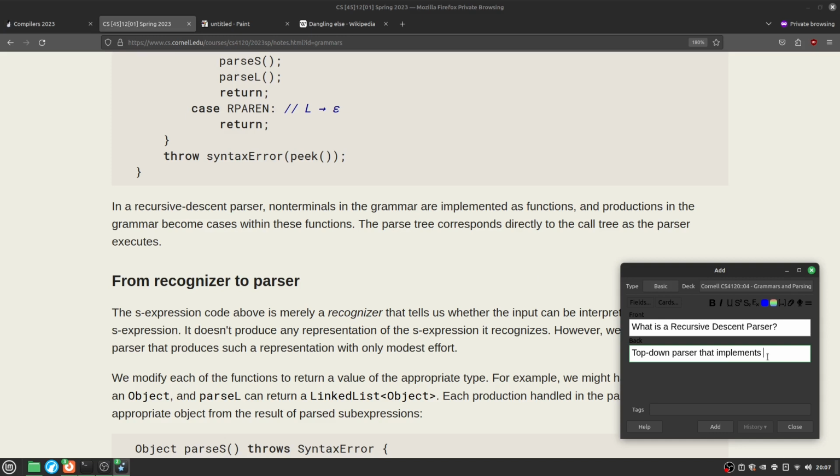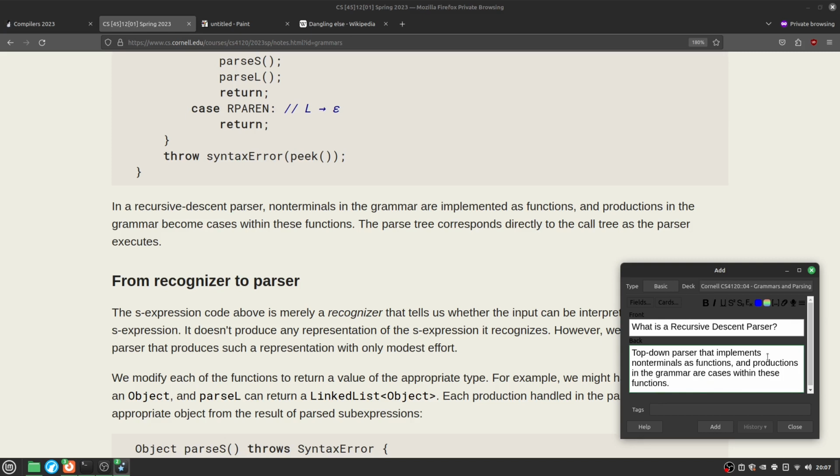Implements non-terminals as functions. And productions in the grammar are cases within these functions.